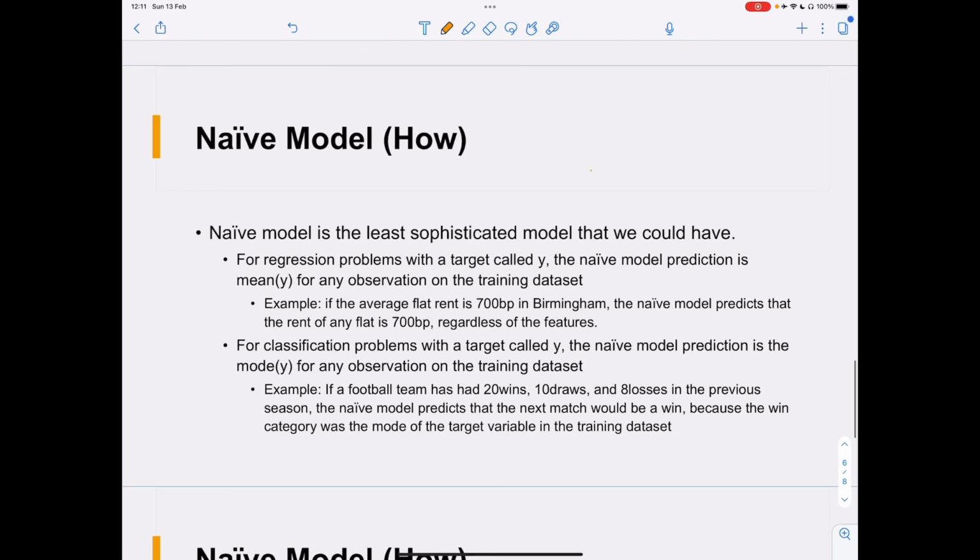And from the naive model performance, we go up to a better performance. So we use it as the baseline or benchmark. Baseline is another term that is used for the naive model. Another term is null model.